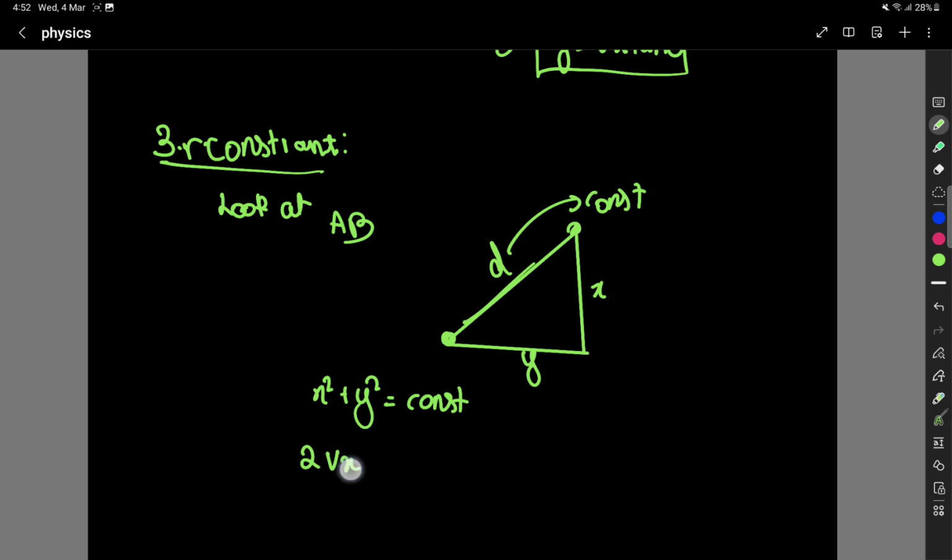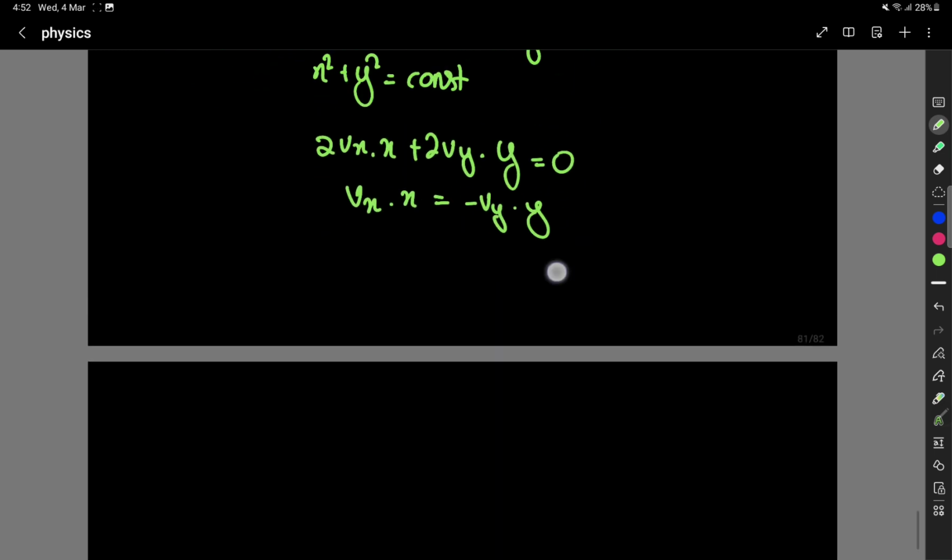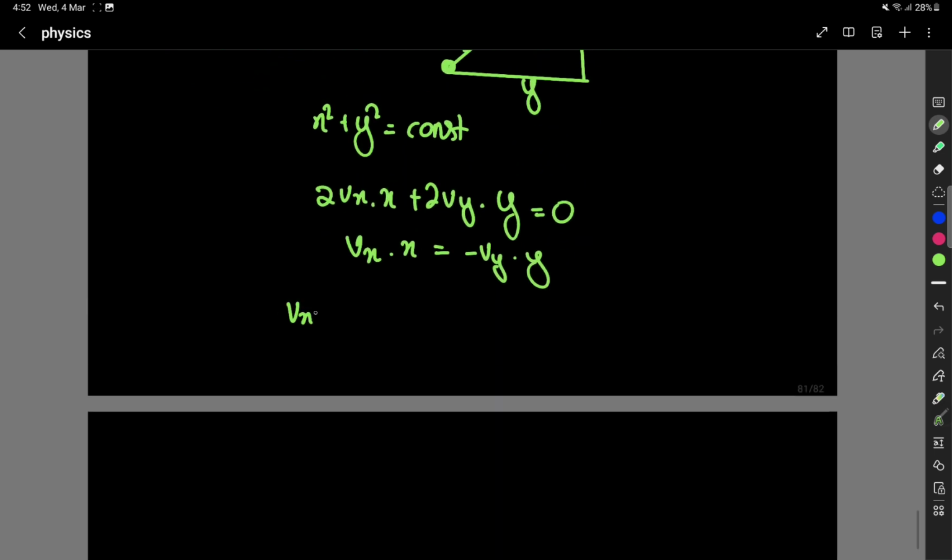Differentiating with respect to time, 2Vx x plus 2Vy y is 0. Vx into x is equal to minus Vy into y. Now if you again differentiate this with respect to time, Vx square plus Vx into Ax is equal to minus Vy square minus Vy into Ay.